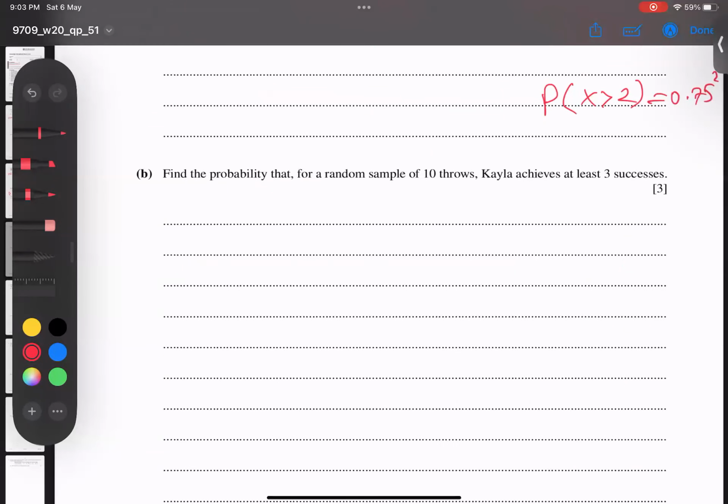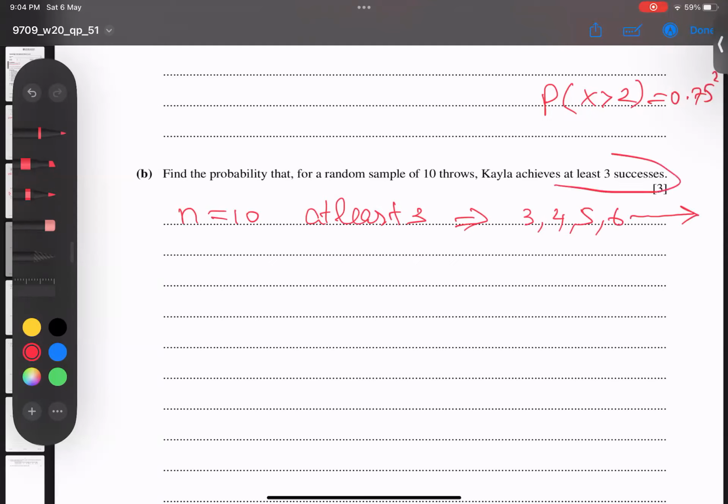The probability that for a random sample of 10 throws, K receives at least 3 successes. Now again, the sample is 10 here, and what does at least 3 mean, students? At least 3 means 3, 4, 5, 6 onwards is our target.